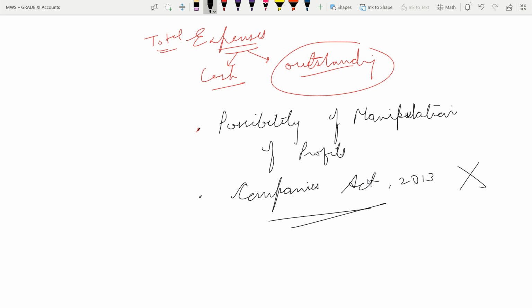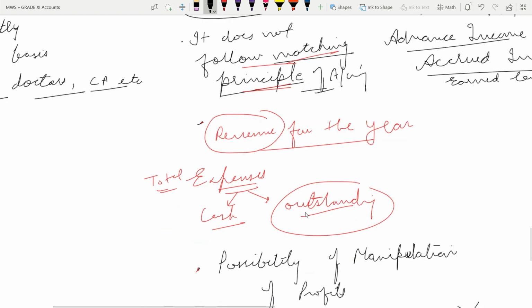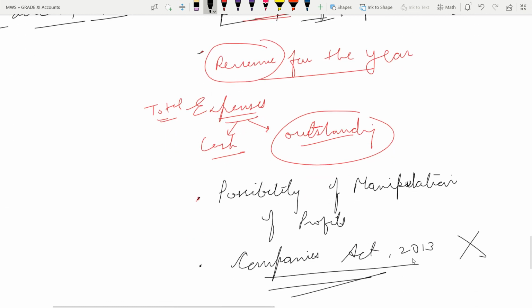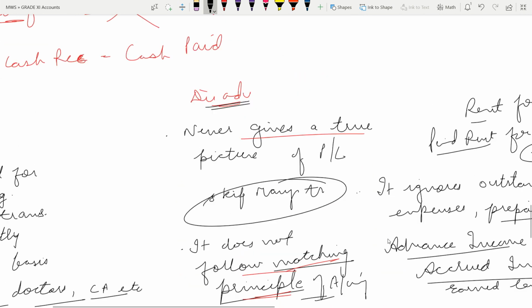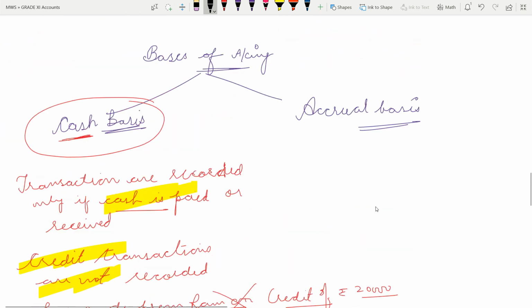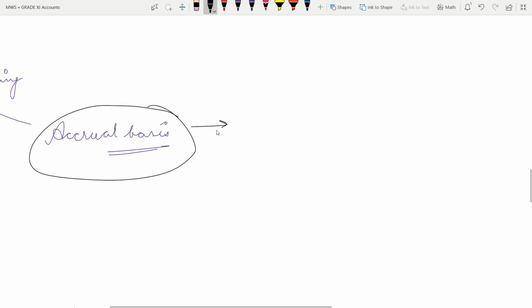It never gives us the true picture of accounting, and because of these disadvantages, Companies Act 2013 is not even recognizing this cash basis of accounting. So which basis of accounting is better? We get to know that the other basis of accounting is the accrual basis of accounting. Now what is this accrual basis of accounting all about?